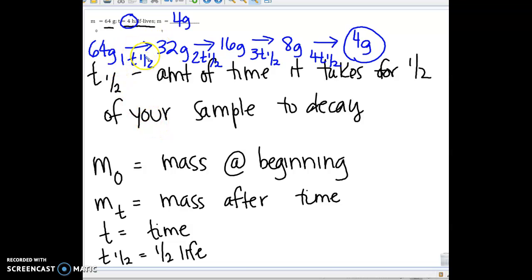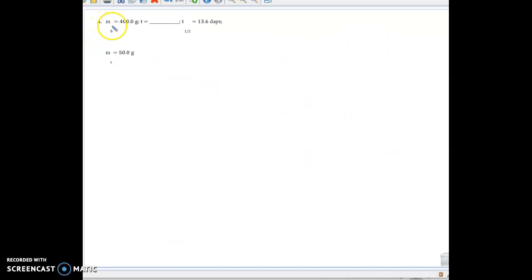Okay, so just draw it out. This would be 1 half-life, this is 2, and write your numbers underneath so you can keep track of that. Okay, let's look at another problem. I have my M sub 0, so the mass I'm starting with is 400.0 grams. I have the mass that's left, so they've already told me how much is going to be left, 50 grams.